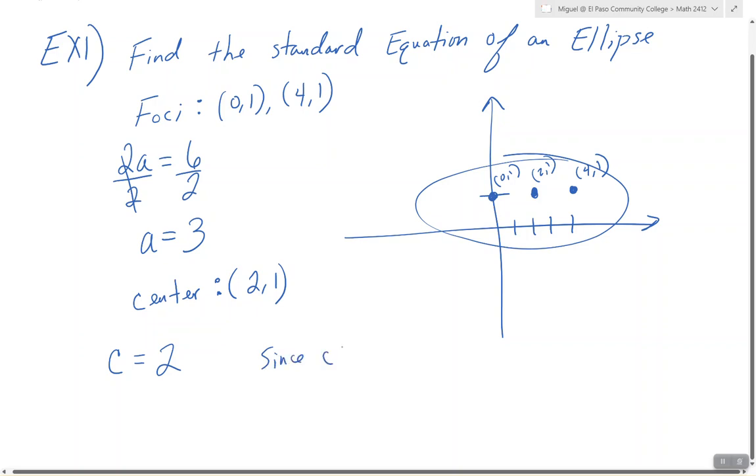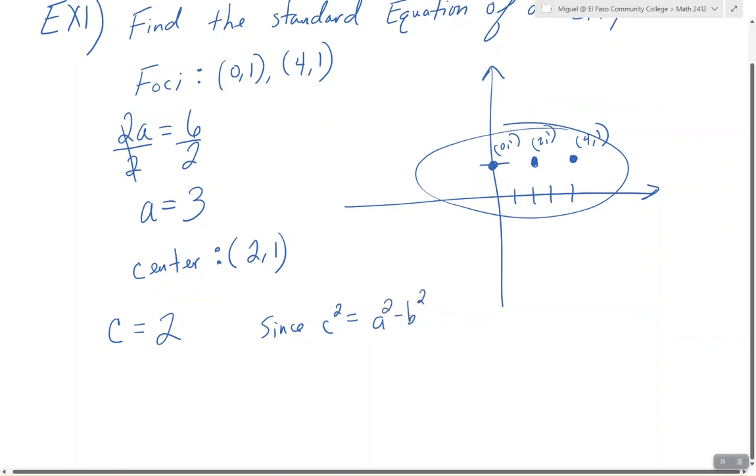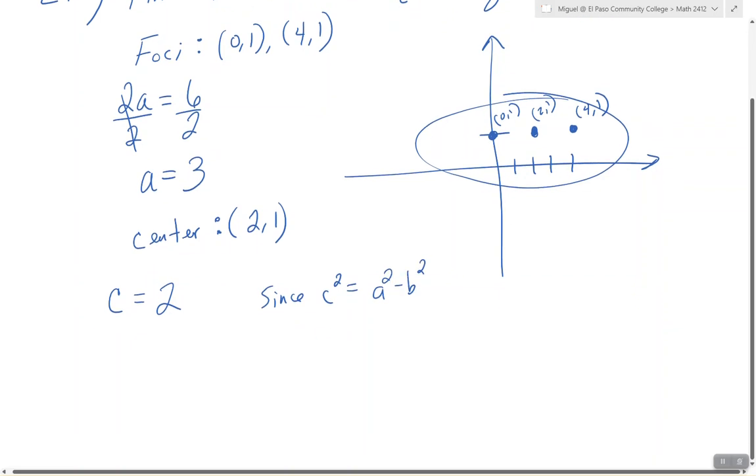Since C squared is equal to, what did they say, A squared minus B squared? We know that C is 2, and we know A is 3. So we can use those values to find B, solve for B. So we got 4 equals 9 minus B squared.